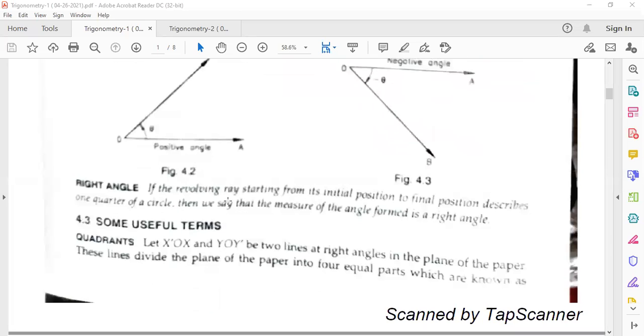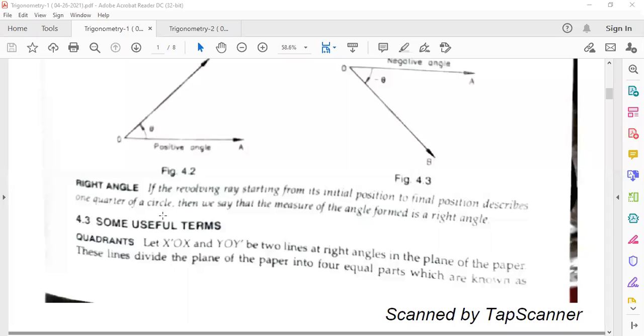Right angle. We know that if the revolving ray, also called the ray, starting from its initial position to final position describes 1/4 of the circle. We know that there are 360 degrees in a circle, na?